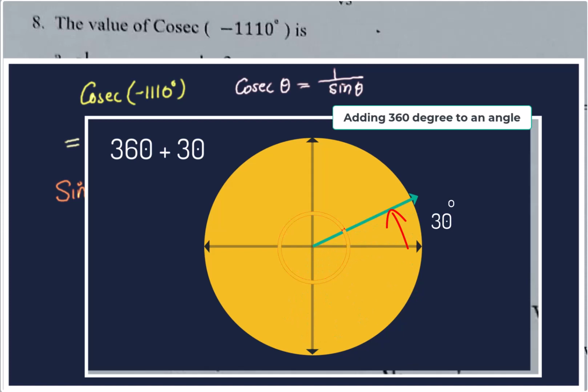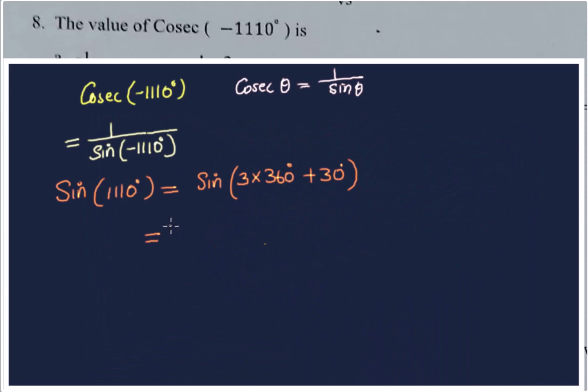Here 3 times 360 means 3 complete rotations added to 30 degrees. So in effect, 3 times 360 plus 30 degrees is the same as 30 degrees. So sine of 3 times 360 plus 30 is equal to sine 30.